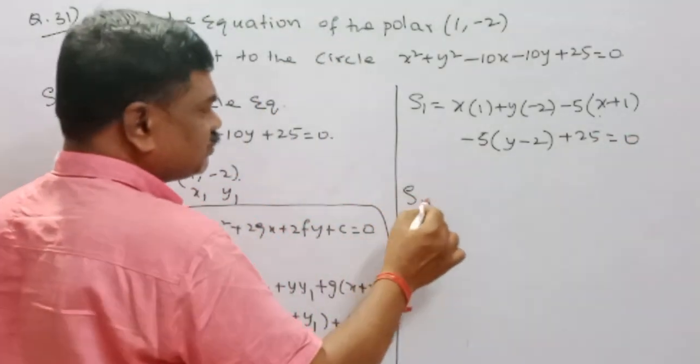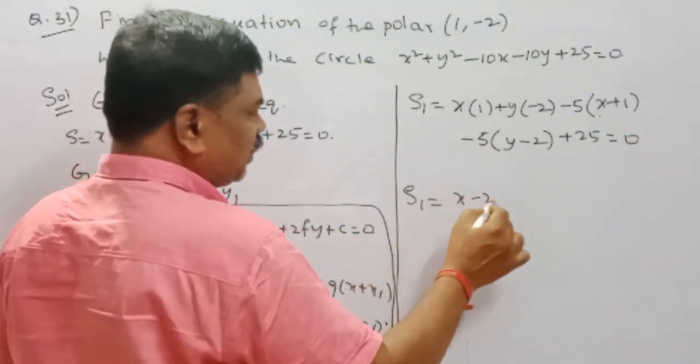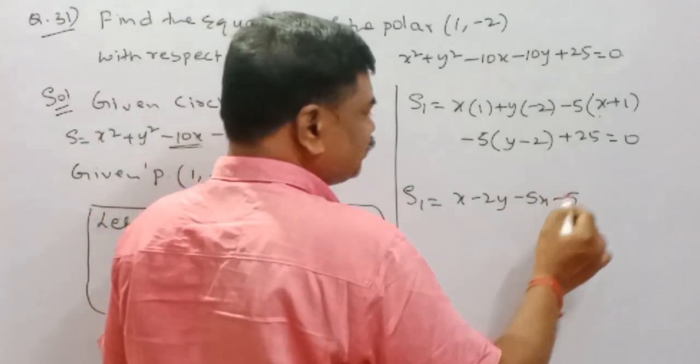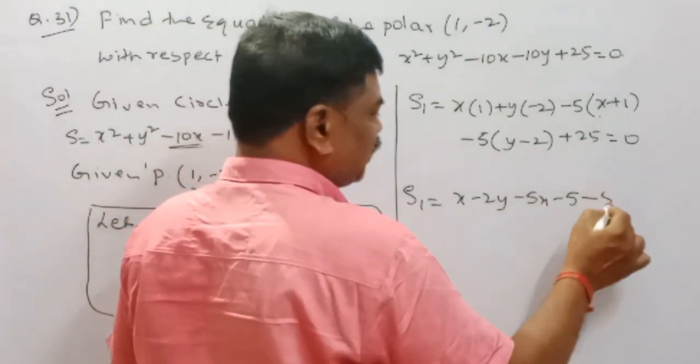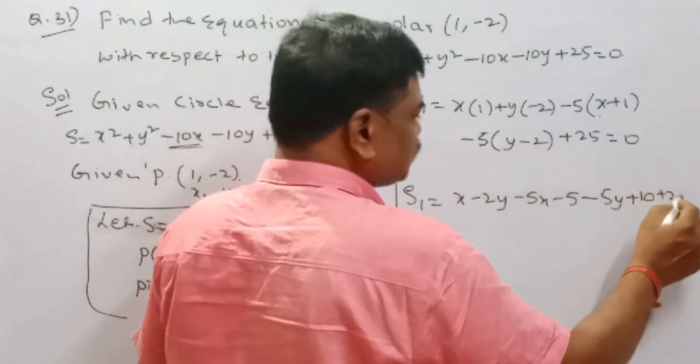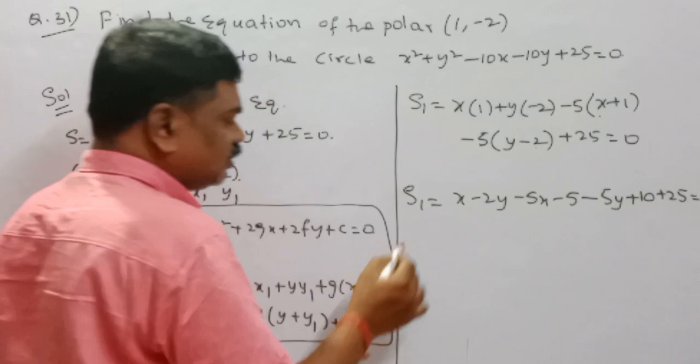This is S1 = x − 2y − 5x − 5 − 5y, minus into minus plus 10, plus 25 equal to 0.